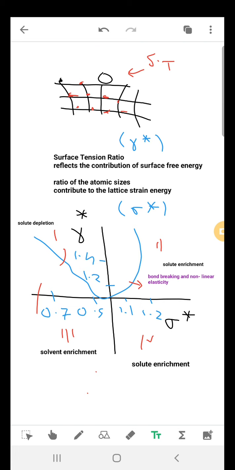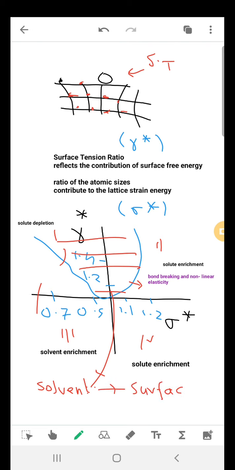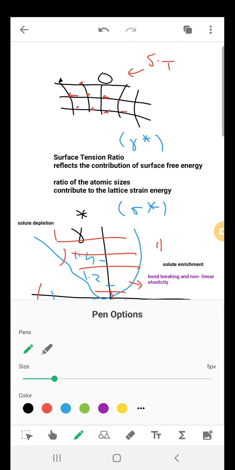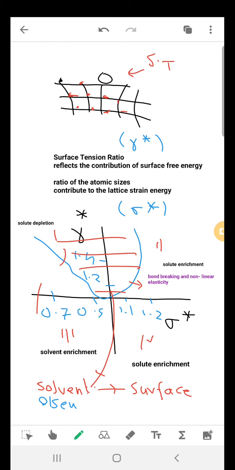So only this shaded area is where the solvent atoms segregate to the surface, whereas elsewhere the solute atoms segregate to the surface.